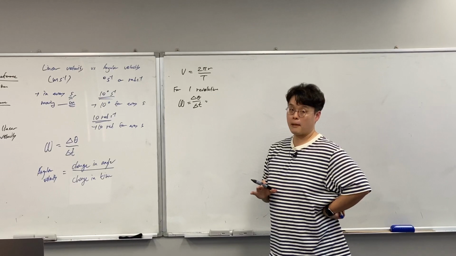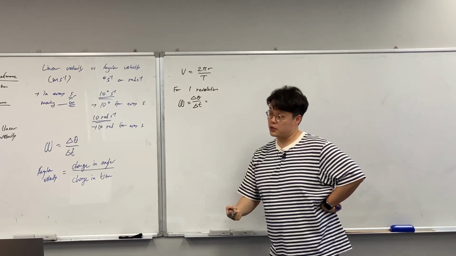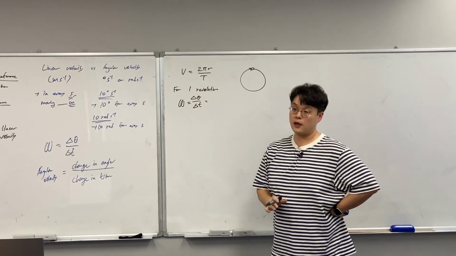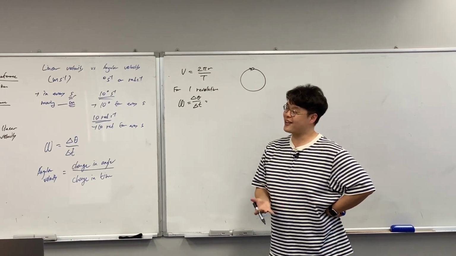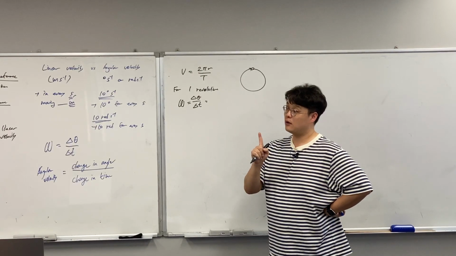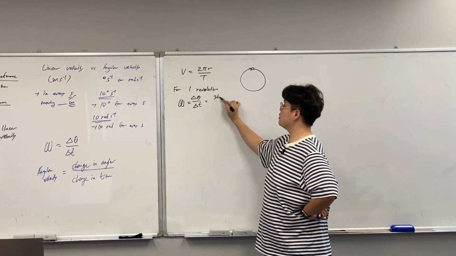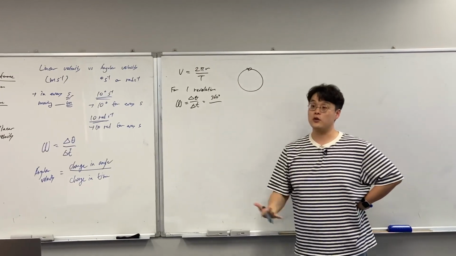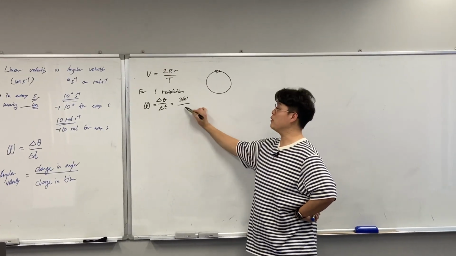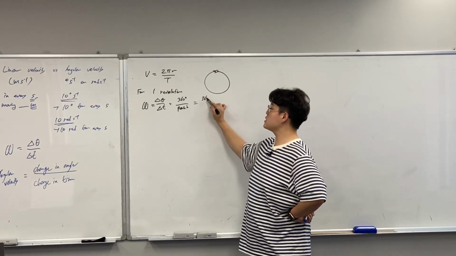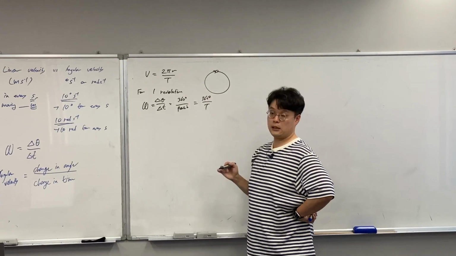Ryan, for one revolution, if we start here and complete one circular motion there, what would be the change in angle for one revolution only? 360 degrees, divided by the time for one revolution. That's the period, isn't it? Which is the same as 360 degrees divided by T.